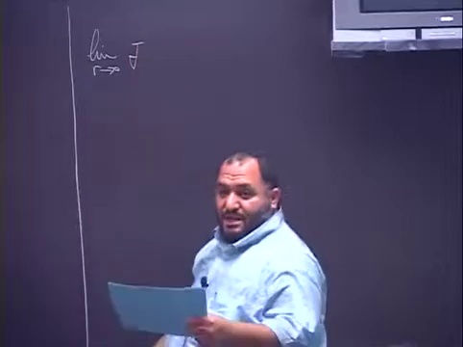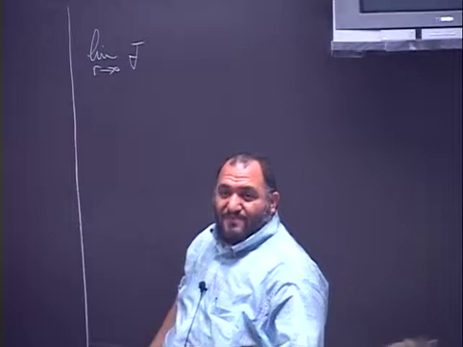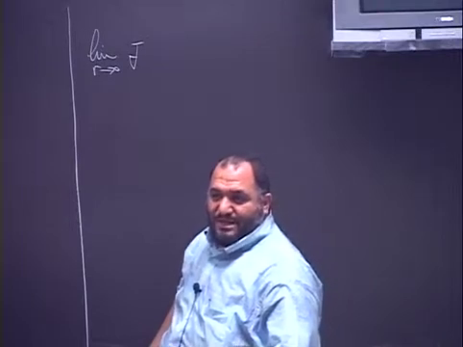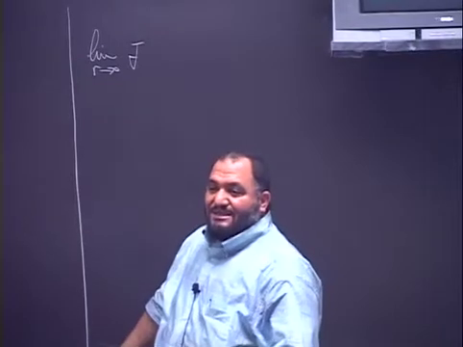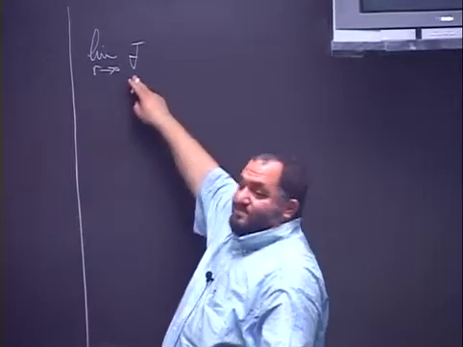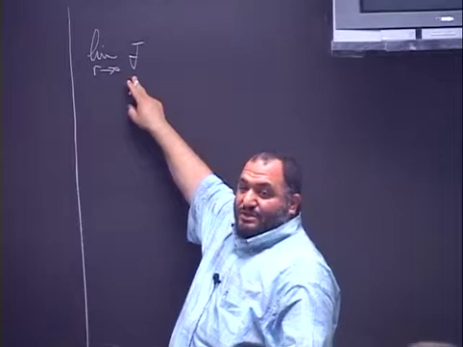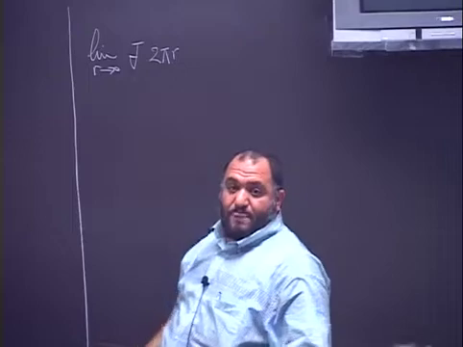But what's the current? It is number per centimeter squared per second. But the source is number per centimeter per second. So I have to multiply this by some length, by 2 pi r.